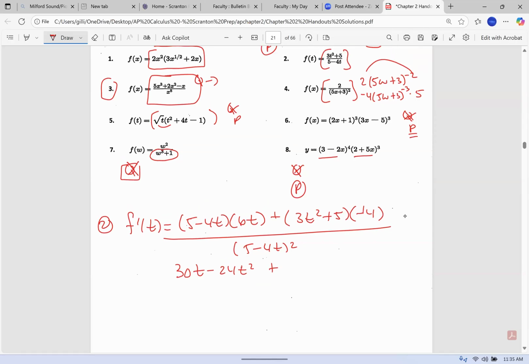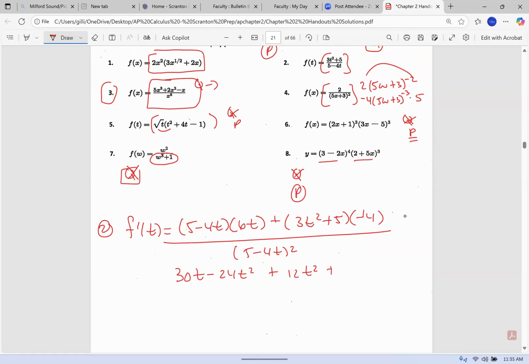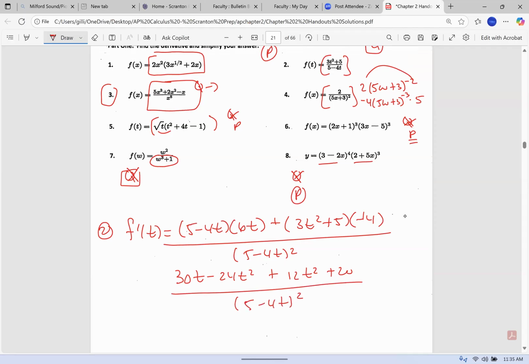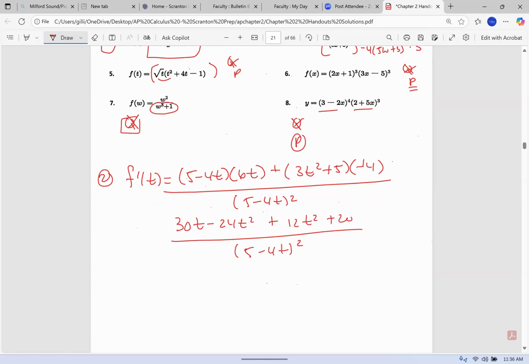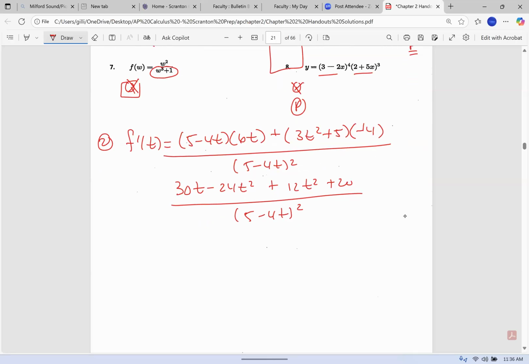These just become a positive 12t squared plus 20, all over the bottom squared. And I think that's pretty easy to go from there. You just distribute on both sides and then combine like terms. But in 6 or 8 is the one you have to be careful about. So let me tackle number 8, where you have to clean it up.